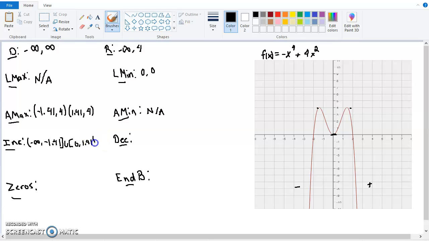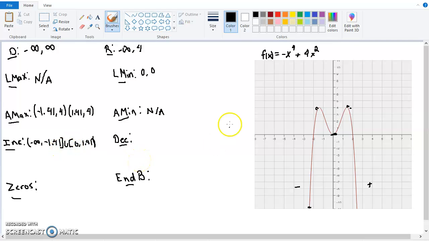You see how it comes full circle for your increasing? Because when you're looking for your increasing, you're looking for here to here, and here to here. That's why you have two intervals, since it continues.